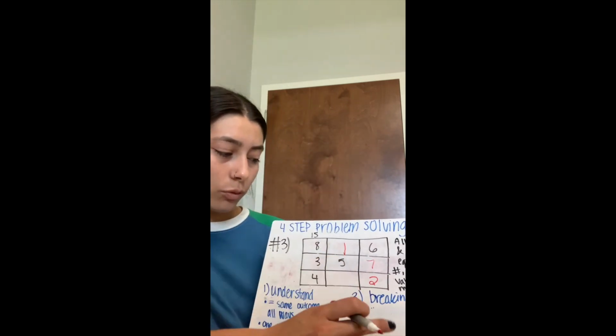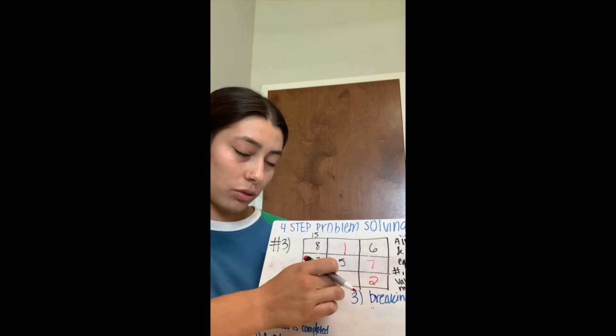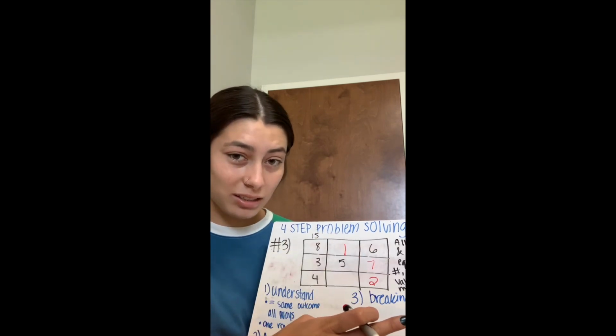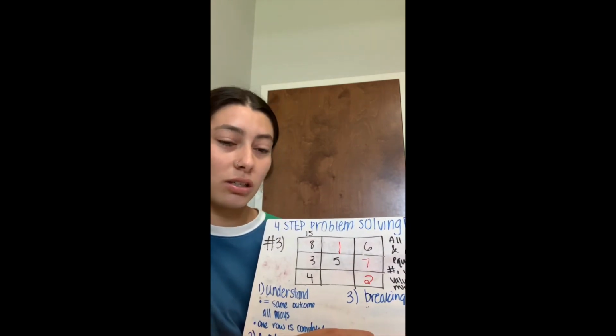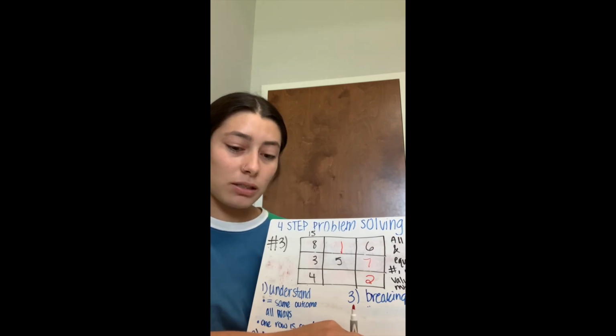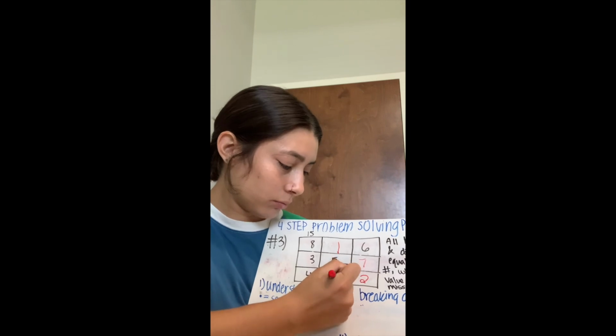And now we have only one box left. And we can either solve it going this way or this way. Either way, it's the same thing, because 4 plus 2 is 6. 5 plus 1 is 6. So 15 subtracted by 6 is going to give us the answer of 9.